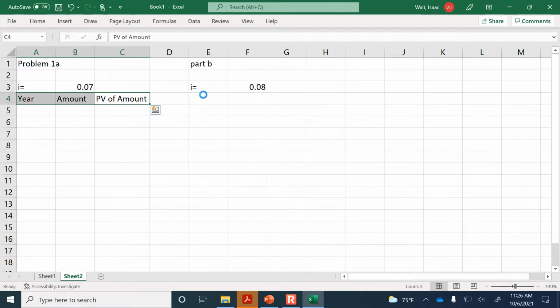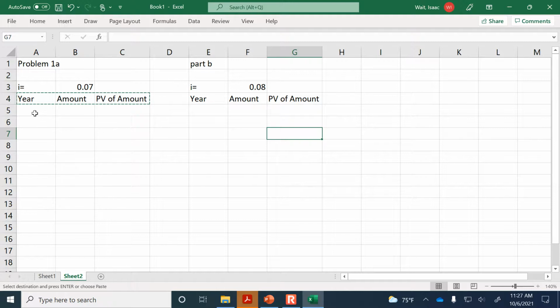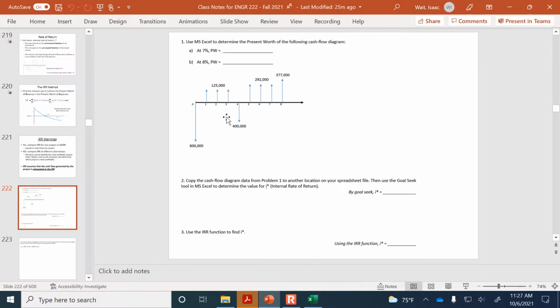You're going to have year, amount, and PV of amount. So in this cash flow diagram, you can see it goes 0 through 8. Anything that's down is a negative amount, anything that's up is a positive amount.